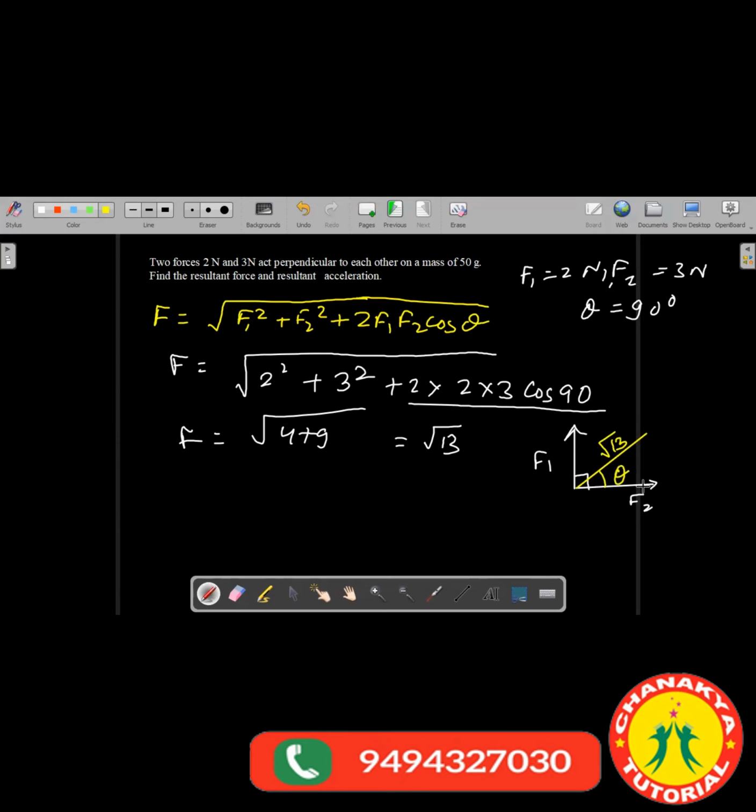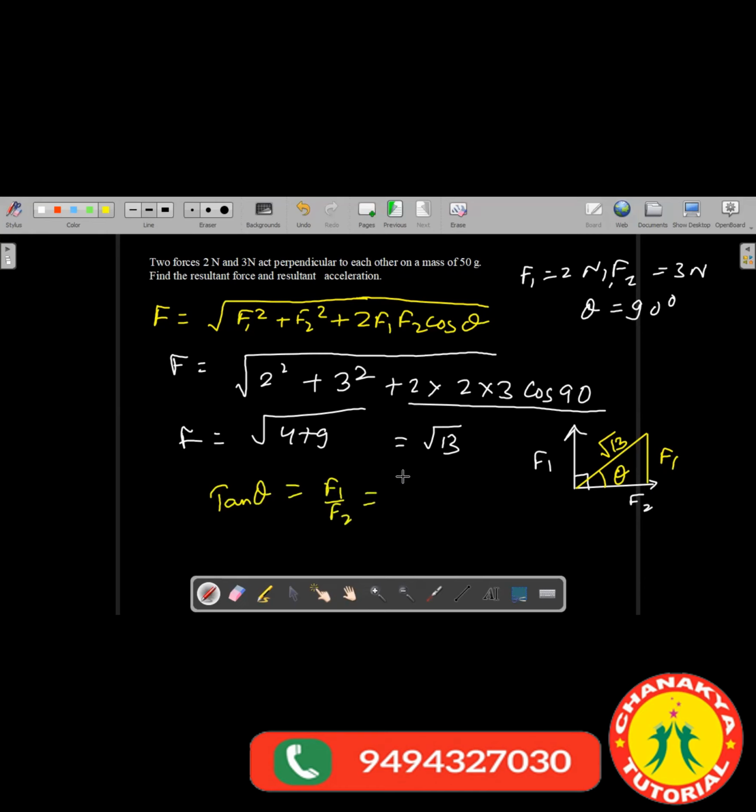So this force is acting in a direction theta, and to find out this theta, we shall find out here. This is your F1. So tan theta can be obtained as F1 by F2.